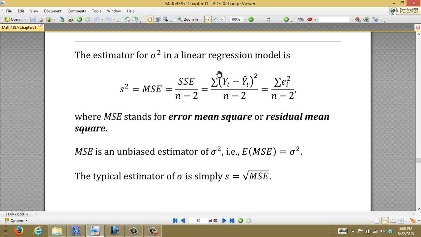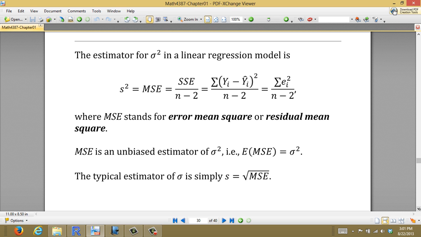This can be re-expressed as the sum of the squared deviations between each response and its associated fitted value divided by n minus 2, which can be re-expressed as the sum of the squared residuals over n minus 2. So MSE stands for the error mean square, or the residual mean square, and we won't show it, but the mean square error is an unbiased estimator of sigma squared. In other words, the expected value of the MSE is equal to sigma squared.